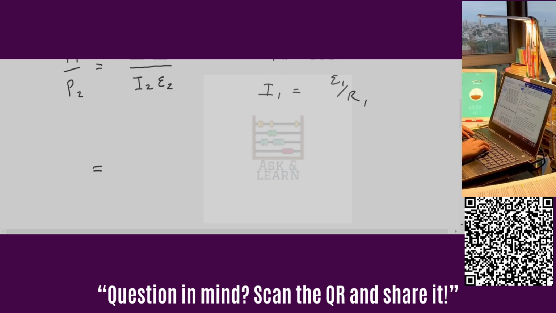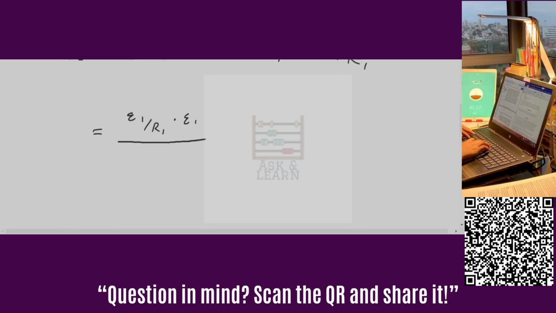So if I do that, I will have epsilon 1 over R1 times epsilon 1. And on the bottom, we'll have epsilon 2 over R2 times epsilon 2.